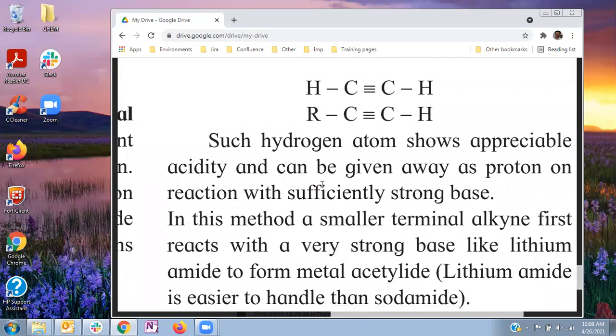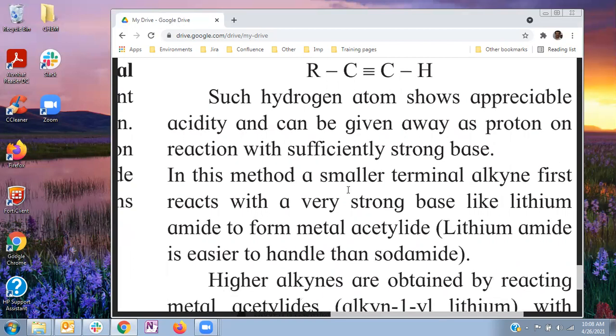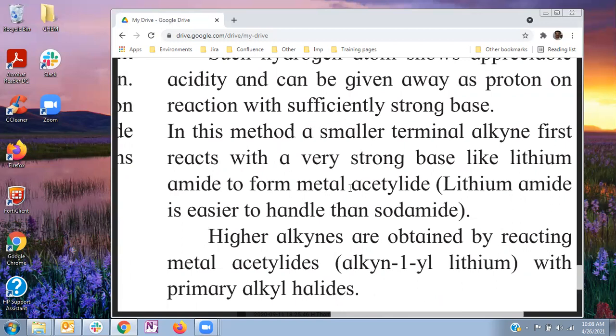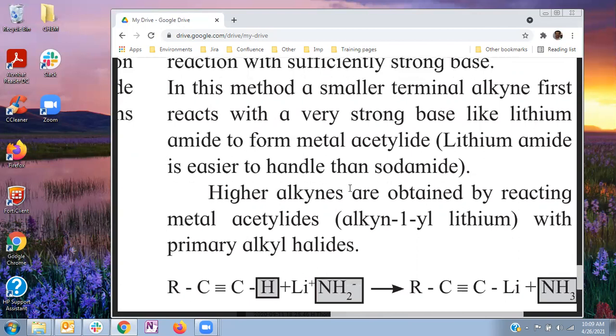Such a hydrogen atom shows appreciable acidity and can be given away as a proton on reaction with a sufficiently strong base. In this method, a smaller terminal alkyne first reacts with a very strong base like lithium amide to form a metal acetylide. Lithium amide is easier to handle than sodamide.